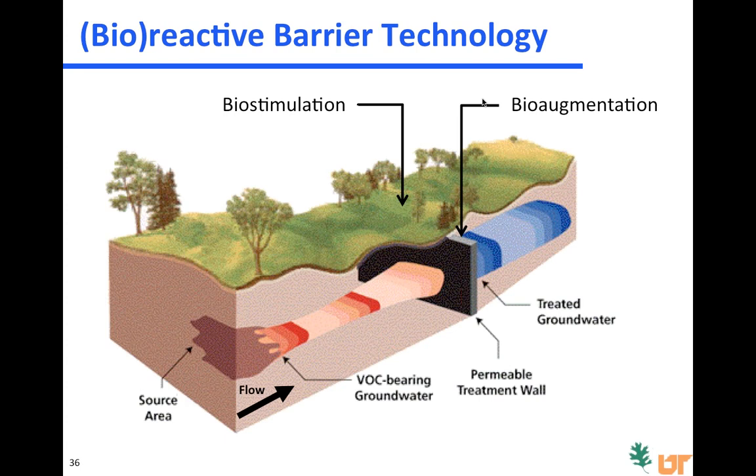The water leaving this active zone ideally has no concentrations of the chlorinated pollutant. If biostimulation alone is insufficient, the organisms may not be present or not present in high enough numbers, you can consider bioaugmentation to accelerate the rates.